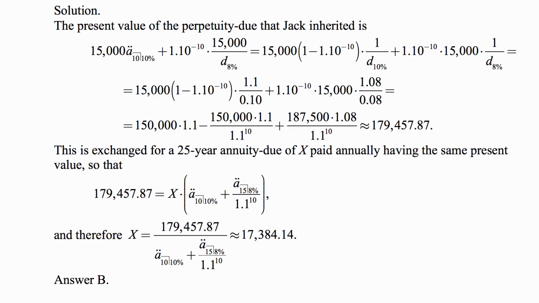So then we have all these written out. We can just take 15,000 times 1 times 1.1 over 0.10. Well, that's 15,000 divided by 0.10. That's actually 150,000.